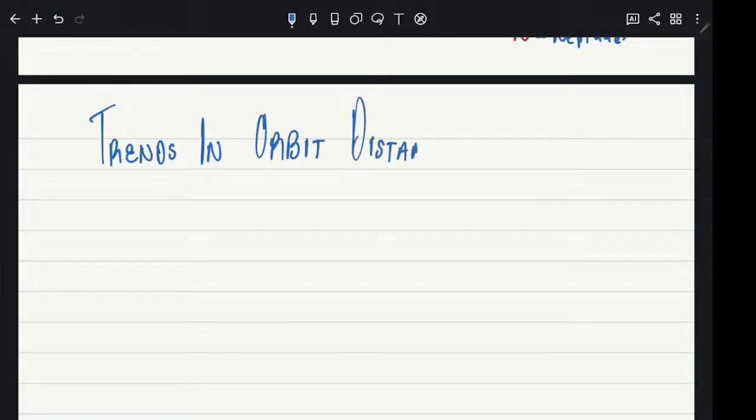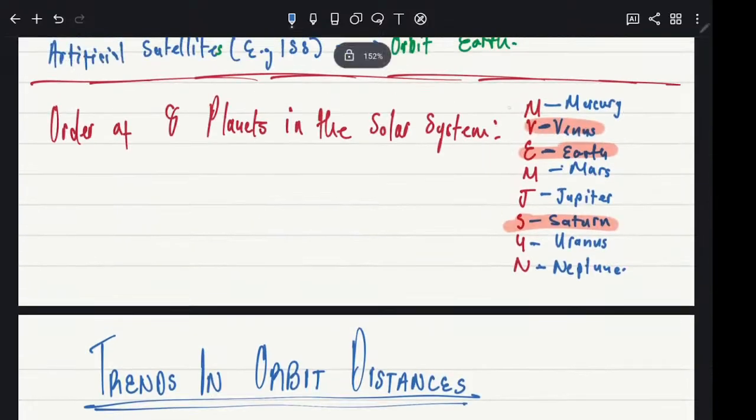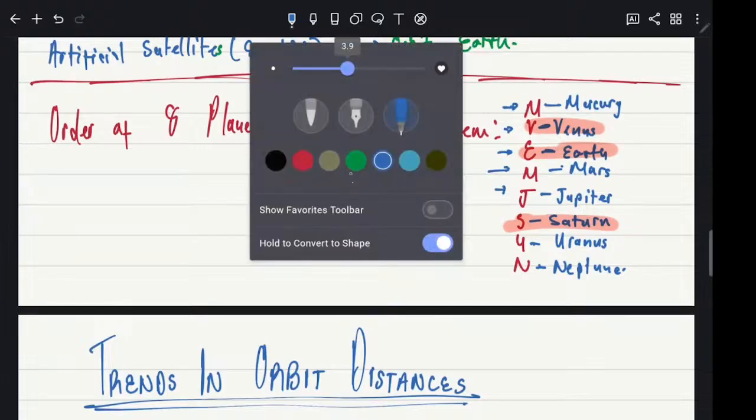We want to see what happens the further you go away from the sun. When you look at Mercury, which orbits very close to the sun, and Venus and Earth, as you go down like this, what pattern do you see?